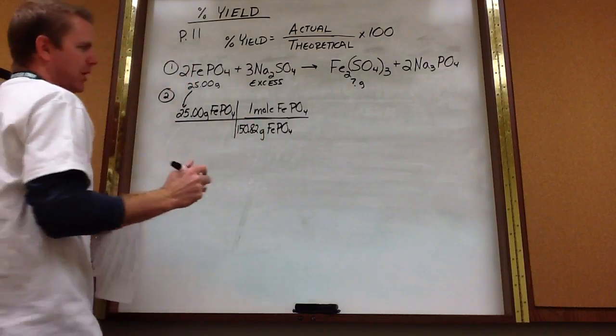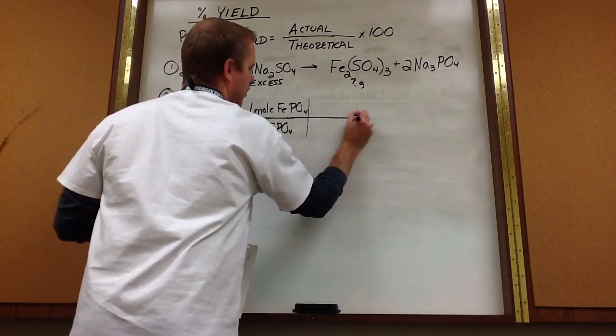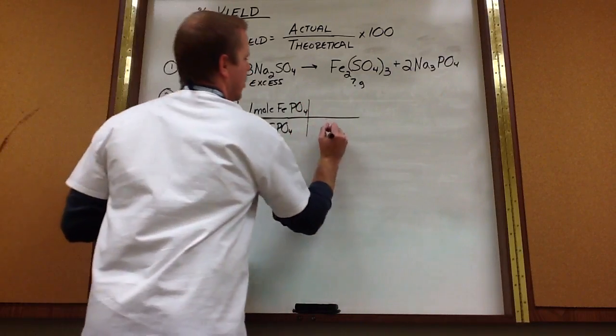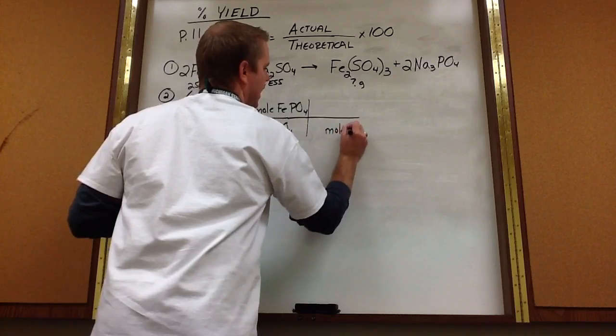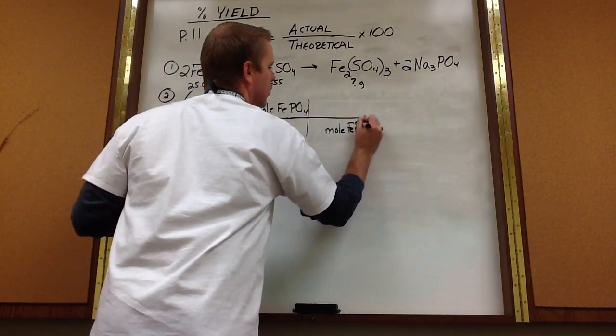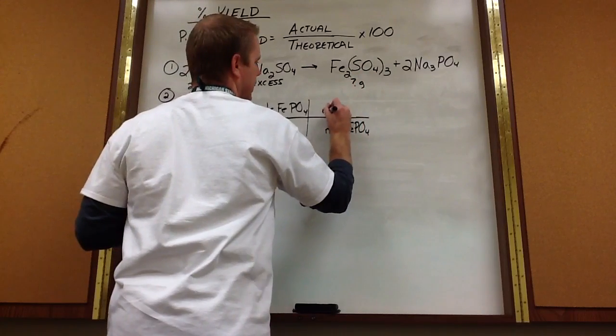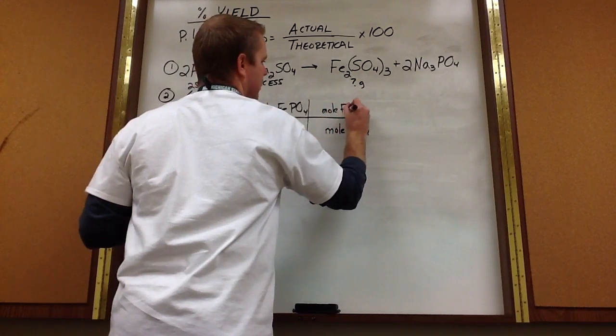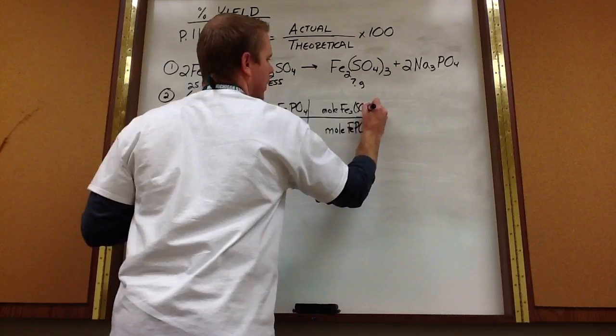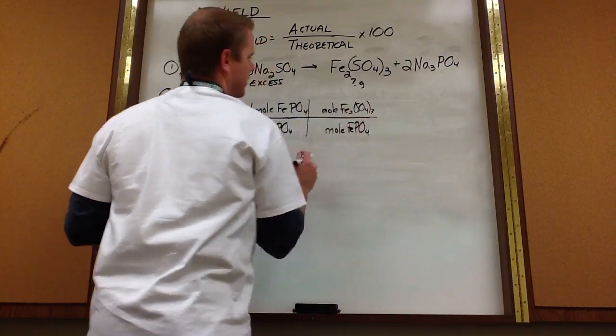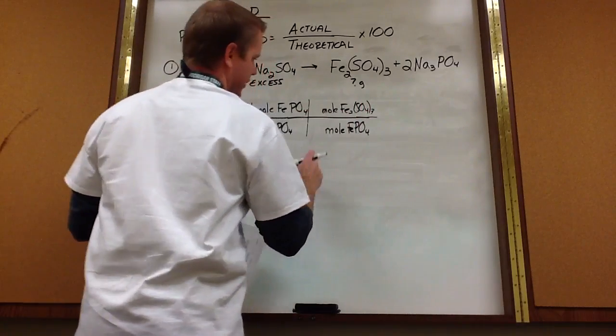So 150.82, which brings us to the most important step, the mole ratio. We want to compare moles of FePO4 to moles of what we want to know, which is Fe2(SO4)3. The numbers that go here and here come from the balanced chemical equation.